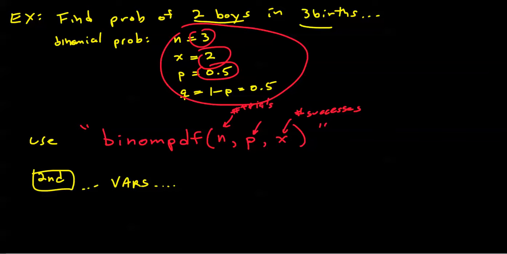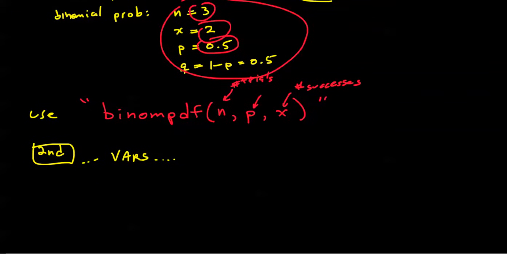You can scroll down, or just in my calculator it's function address 0 to call up the binomial PDF command. So second vars, highlight binom PDF, and the command should be called up into your home screen.